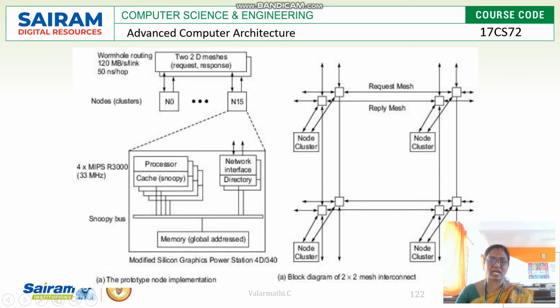That main memory is shared memory, treated as a global memory. So that architecture is followed here, and that is why it is called Snoopy bus architecture. The routing followed here is wormhole routing, with a rate of 125 megabits per link and 50 nanoseconds per hop.